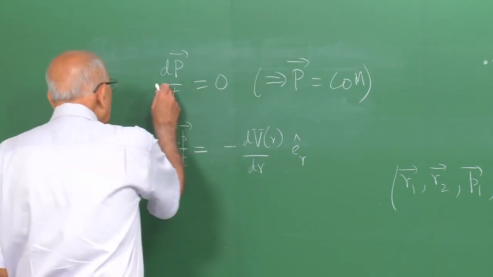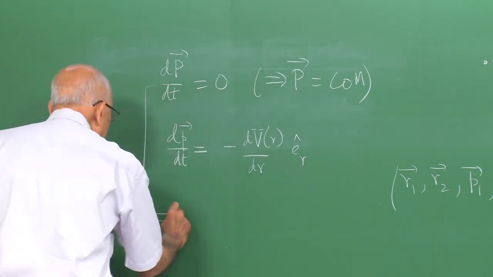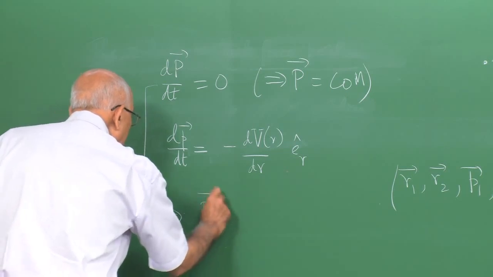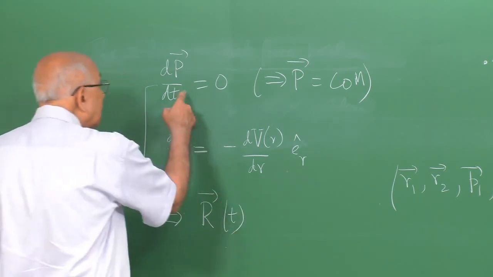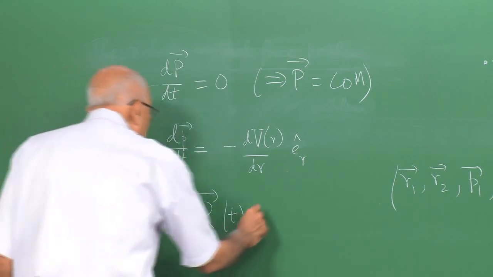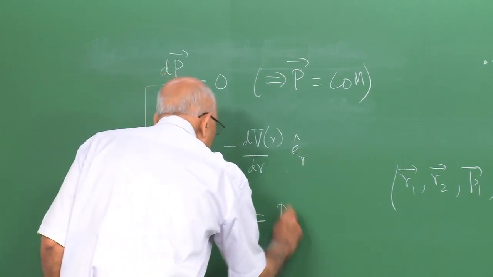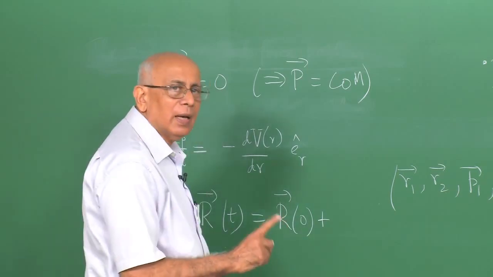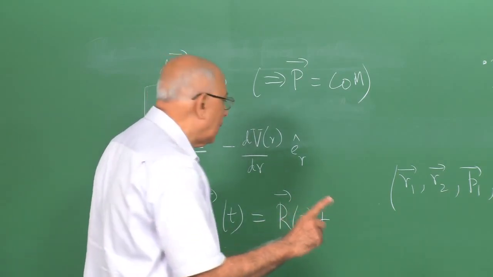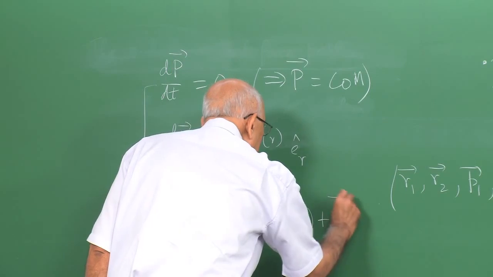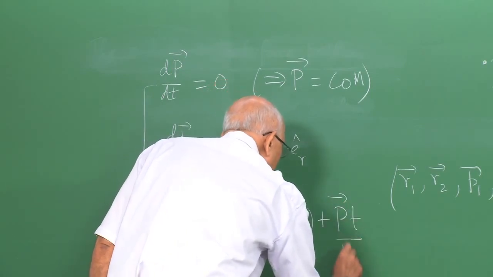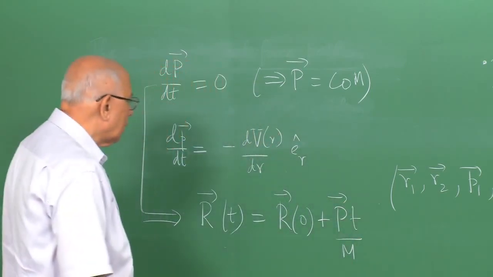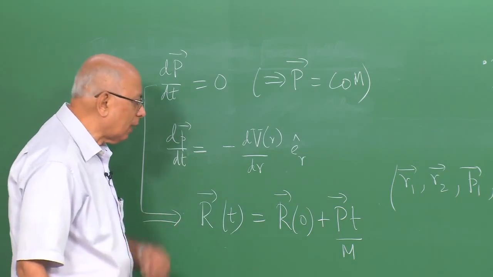And this will also imply immediately that this coordinate R of t, by integrating this equation out, is equal to R of 0 plus whatever a free particle does with a given initial momentum and a mass. So this is P times t over M. So we have a complete solution for what the center of mass does.